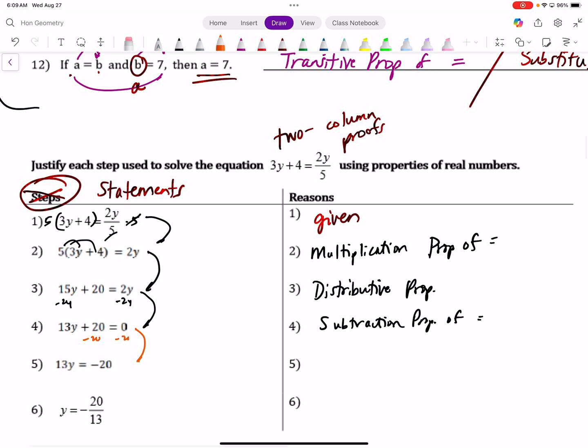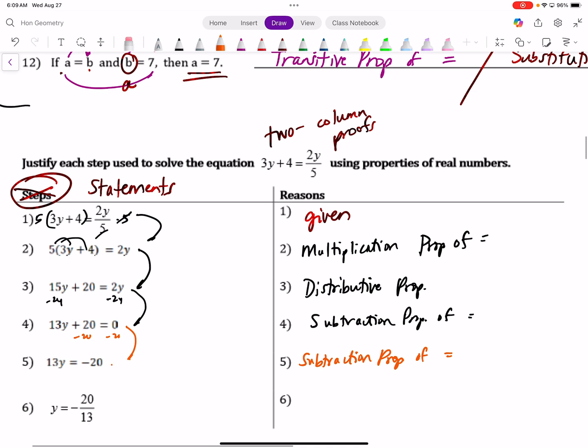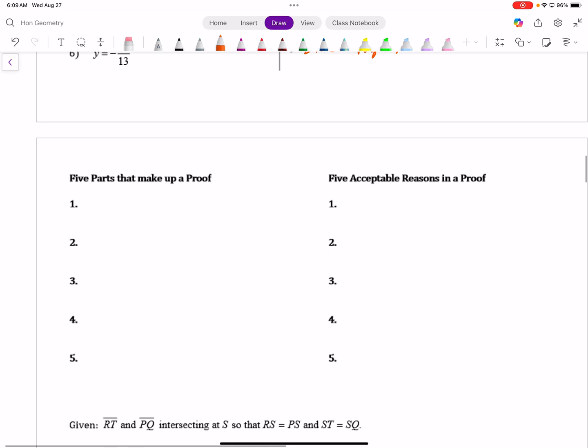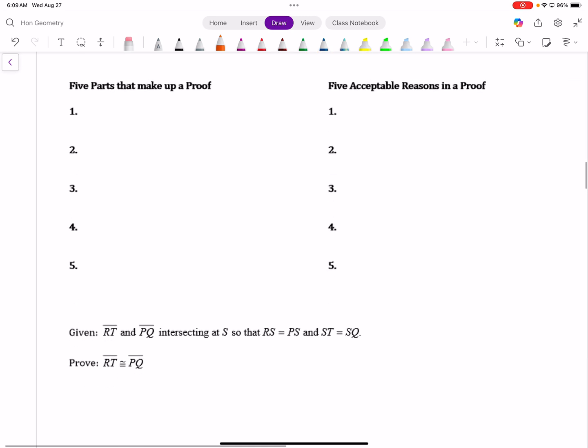So this is, again, the subtraction property. And how did they get from there to there? They divided both sides by 13. So that's a division property of equality. Okay? So not only do you know how to solve it, you know how to back up with reasons why you said what you said.